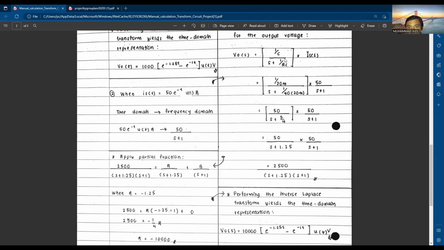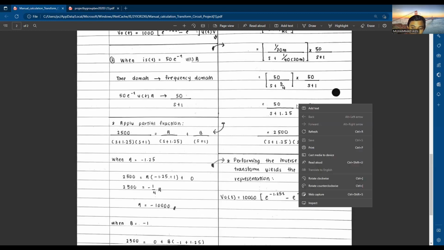So we put the value 1 over C, S plus 1 over RC. We put the values of R and C, but multiply with the new value of I_S in frequency domain, which is 50 over S plus 1.